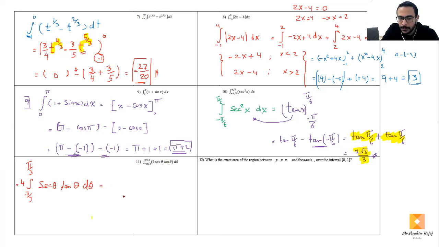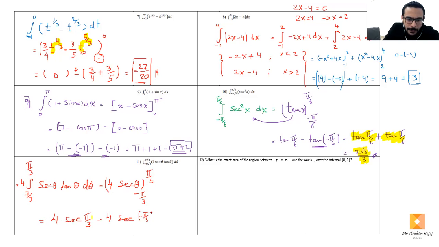It's sec theta tan theta. So the antiderivative of sec theta tan theta is sec theta. So you have now 4 sec theta, and now substitute from negative pi over 3 to pi over 3, which is equal to 4 sec pi over 3 minus 4 sec negative pi over 3.